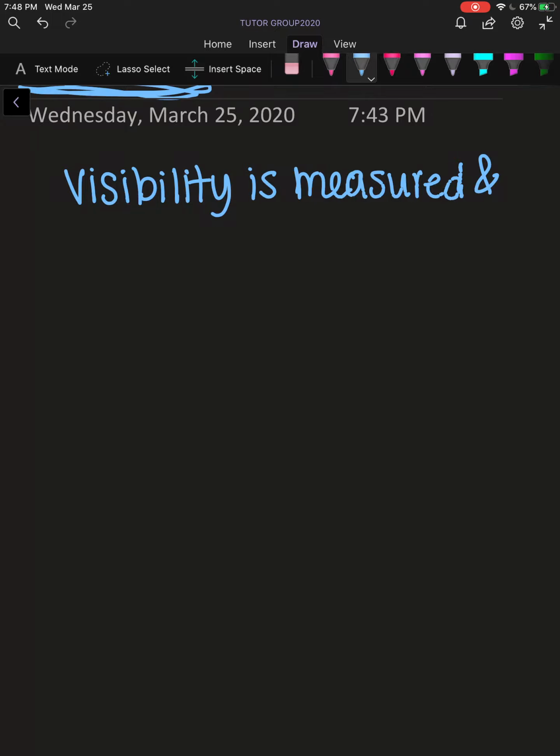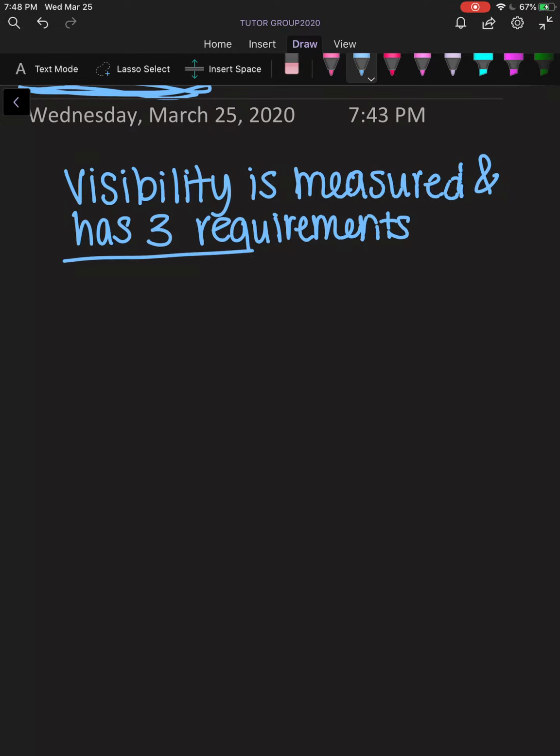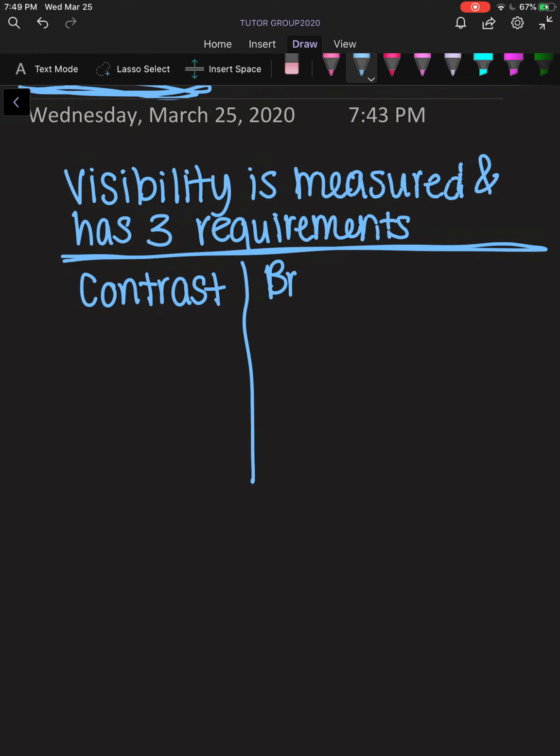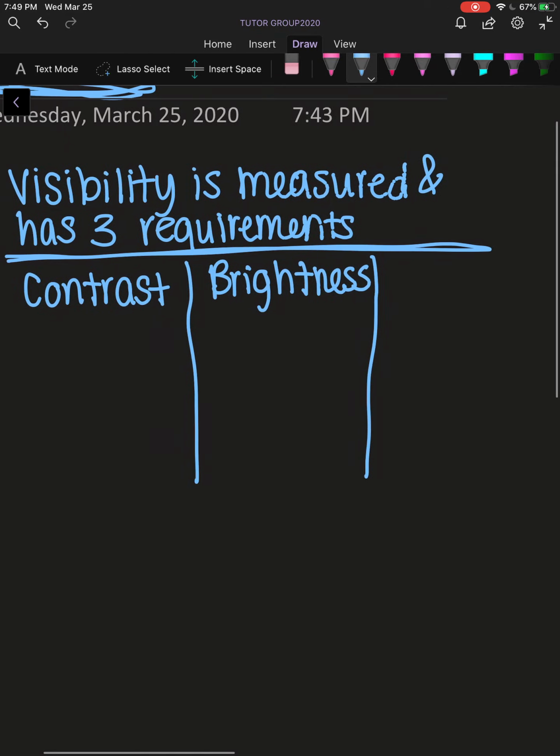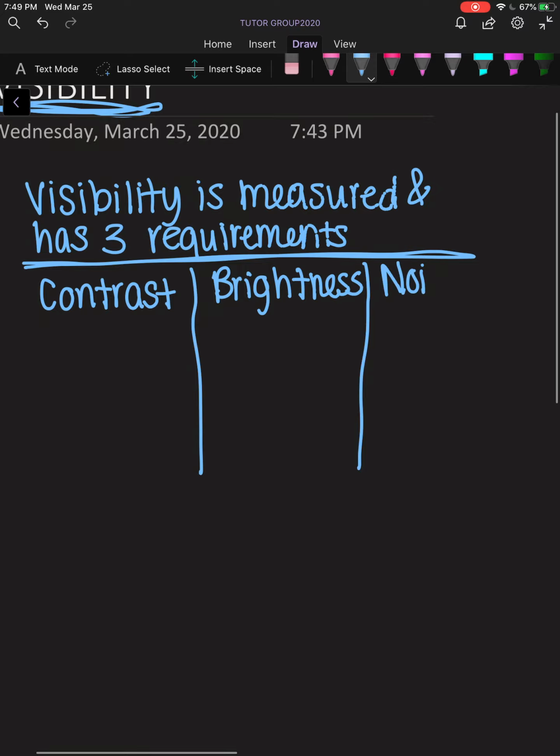So, visibility is measured and has three requirements for it to be visible, and those are contrast, brightness, and noise.